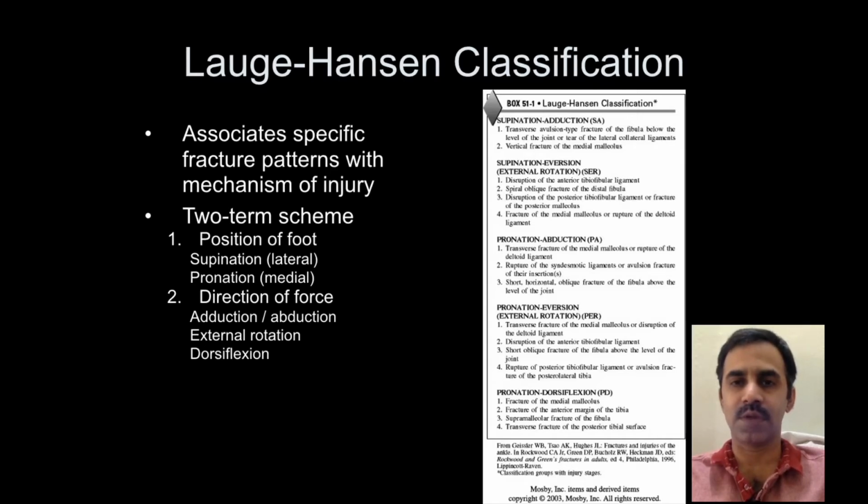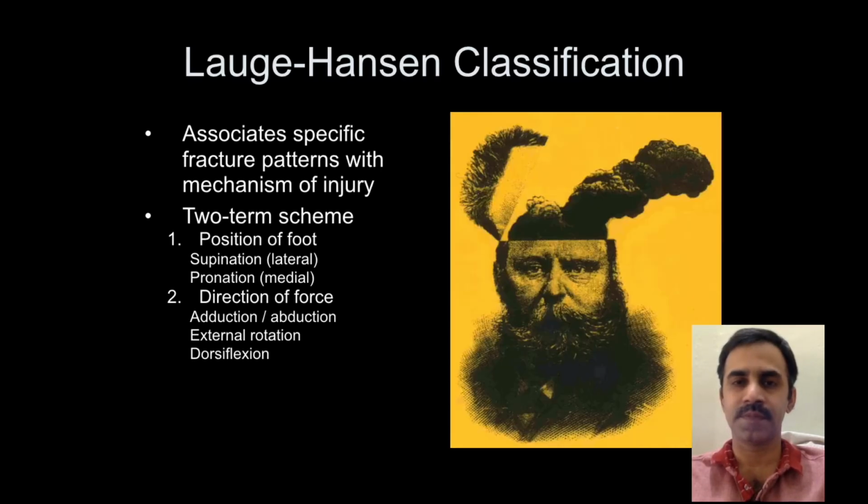So the mnemonic is SAS PER PD. But this is a complicated classification if you want to remember each and every mechanism and reproduce it quickly.